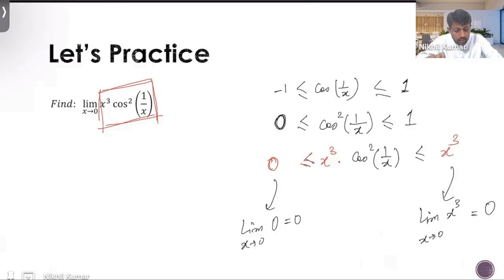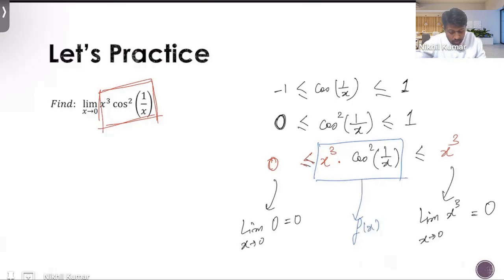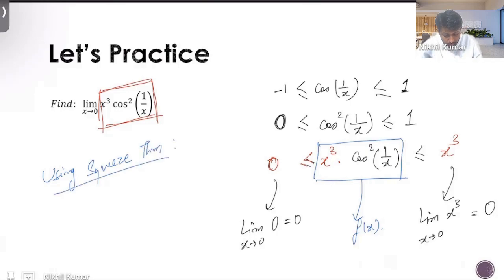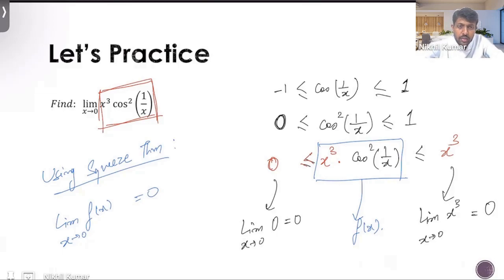So finally, using the squeeze theorem, if I'm calling this f of x, I can say that limit of f of x as x tends to 0 is equal to limit of g of x and h of x as x tends to 0, which is this number.